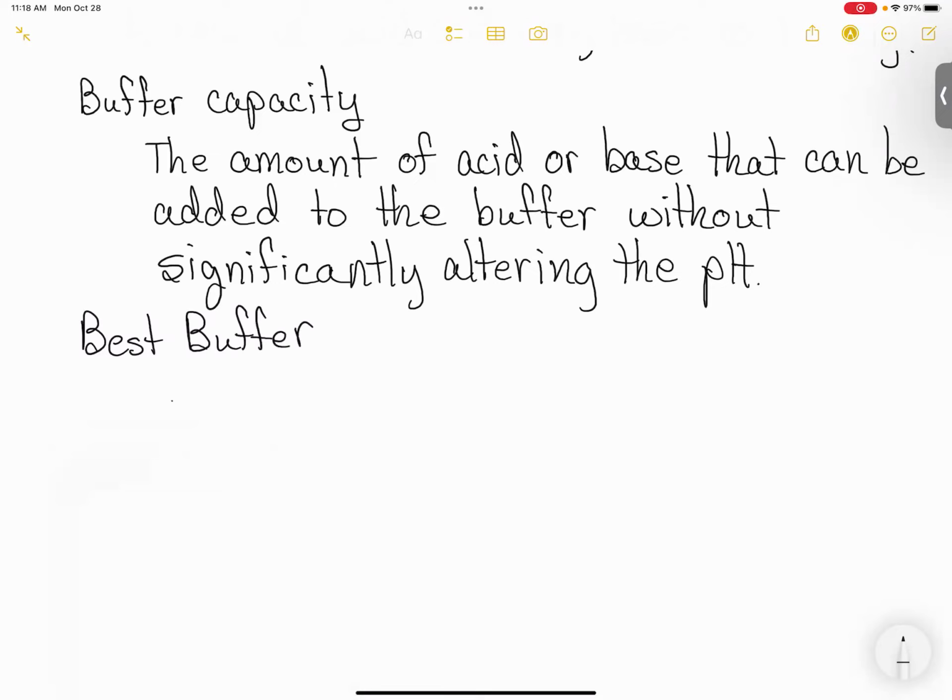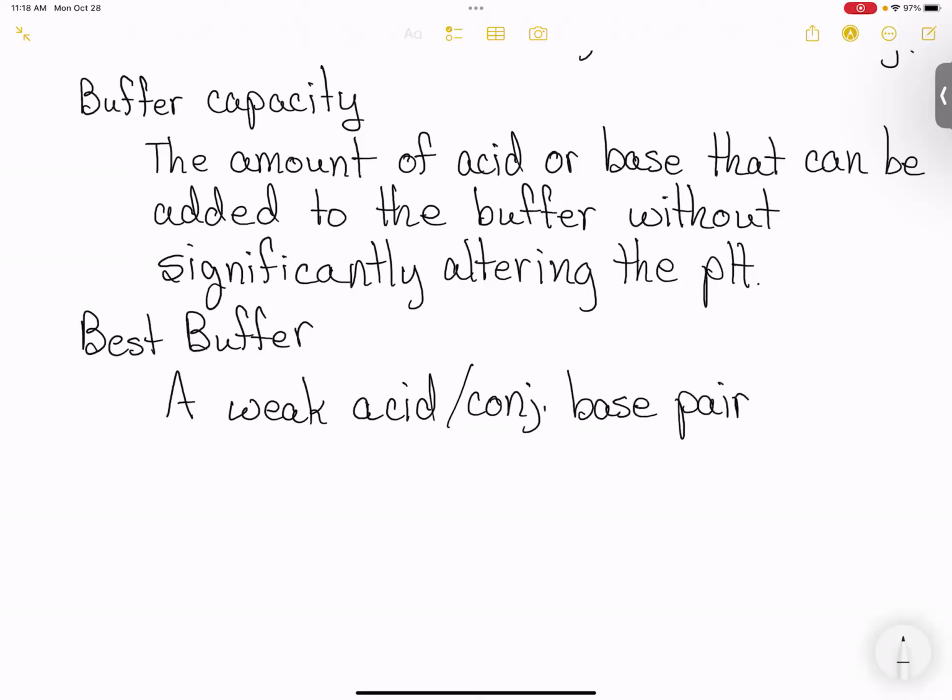The best buffer is going to be a weak acid conjugate base pair that has a pH, I'm sorry, has a pKa, not pH.